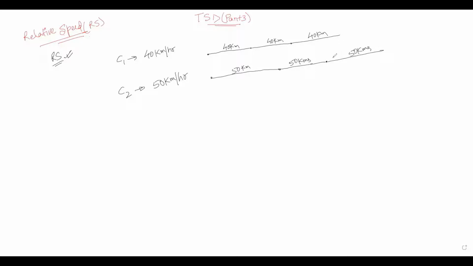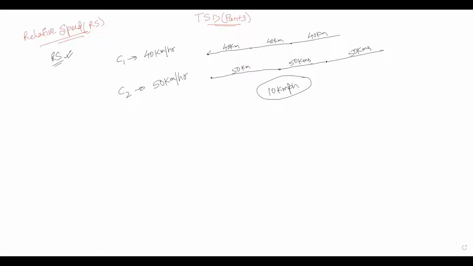So we can see that every hour the car C2 is ahead of the car C1 by 10 kilometers. So we can say that the relative speed between these two cars, or the speed of car C2 as observed from the car C1, would be simply 10 km per hour.